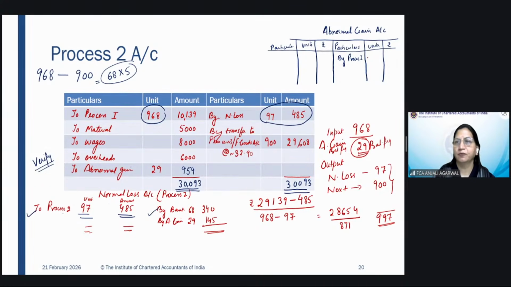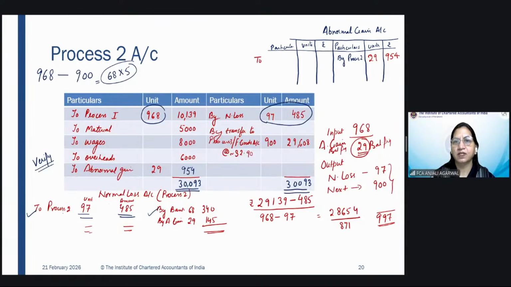By process 2, we have a gain of 29 units. But 29 units, the cost per unit is 32.90. So 29 into 32.90, a total gain of 954 rupees. However, this abnormal gain should go to costing P&L account. But if I did not have the 29 units with me, I would have still sold them as a scrap at the rate of 5 rupee per unit.